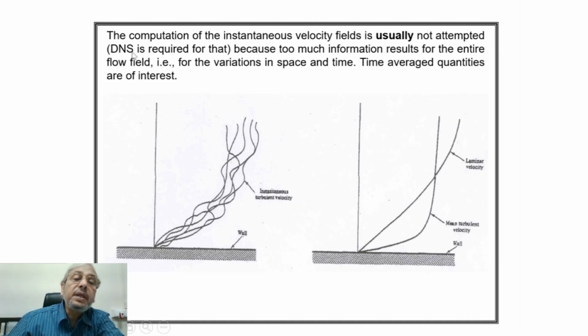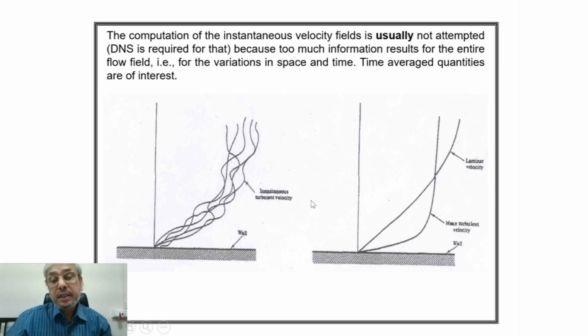Again, I repeat, DNS is required for that, because too much information results for the entire flow field, that is for the variations in space and time. So at every instant it is varying. If you take maybe 10,000 such instantaneous values and average them, then only you will get the correct average.